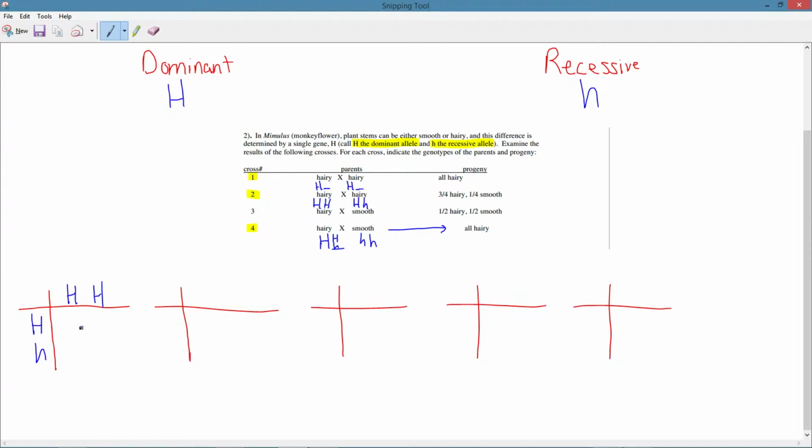You would end up getting uppercase H, uppercase H. This is 100% dominance. This is 100% dominance as well. Here you get lowercase h's, but this is still dominant. Therefore, this will give you 100% hairy. So you know that this is not the right answer.